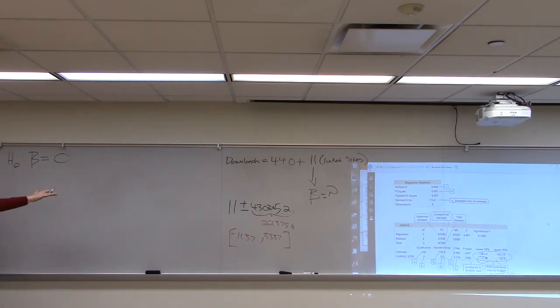Now with our confidence interval, we already think we have some information about that, and I'll give you a hint, that is pretty much rock solid. It's going to tell us the same thing as our hypothesis test. But let's just go through the motions anyway. Null hypothesis: the slope is equal to 0. Alternative: the slope is not equal to 0, and we actually have something useful. Let's use a significance level of 5%.